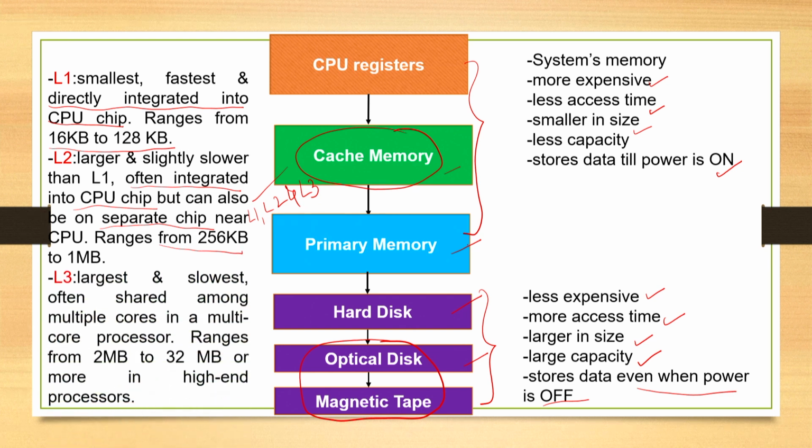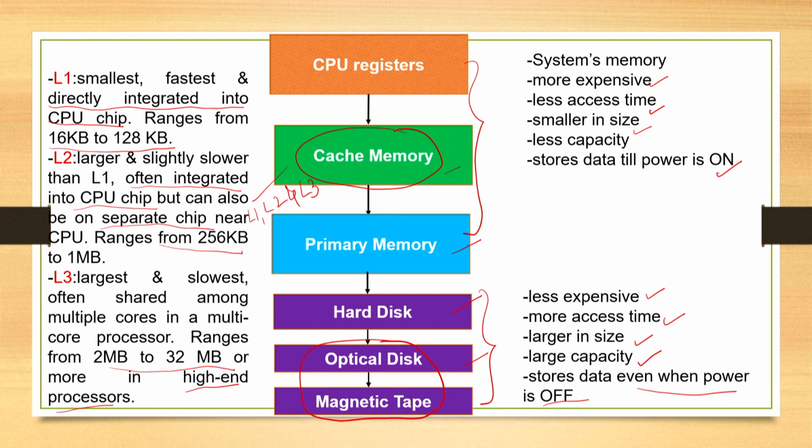Next category of cache is the L3. It is the largest but the slowest among these three, and its capacity ranges from 2 MB to 32 MB. It is used in high-end processors.